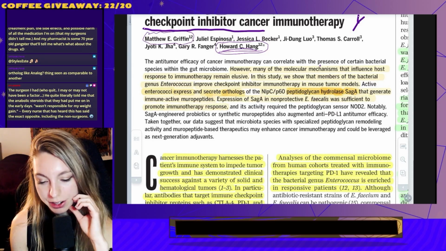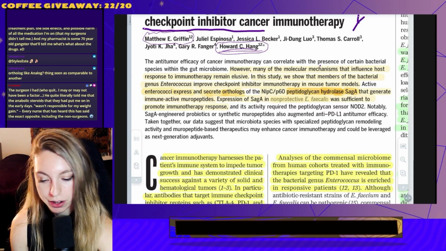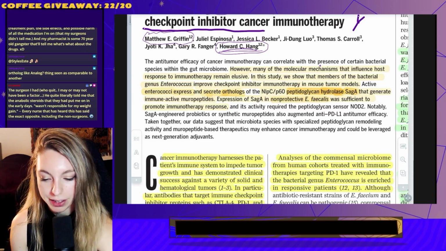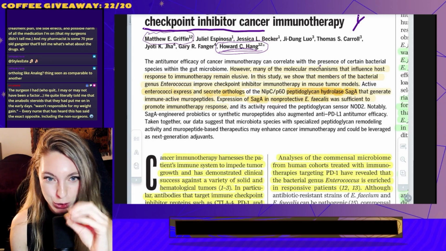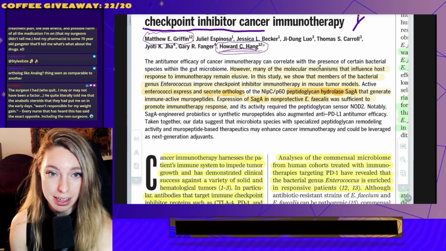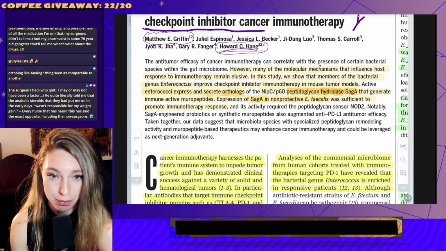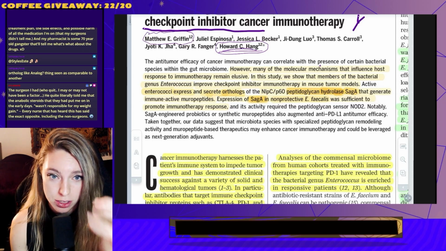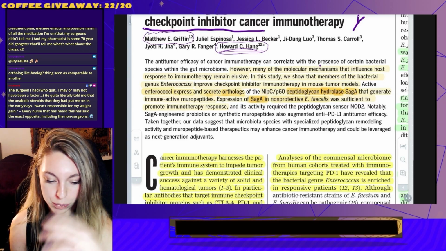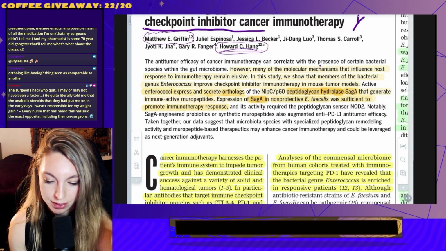What they did here is they took some Enterococci, E. faecalis, that don't normally express this SagA hydrolase Pac-Man, and they engineered this non-protective bacteria to overexpress SagA. And they found that just overexpressing SagA by itself was enough to basically clear tumors.